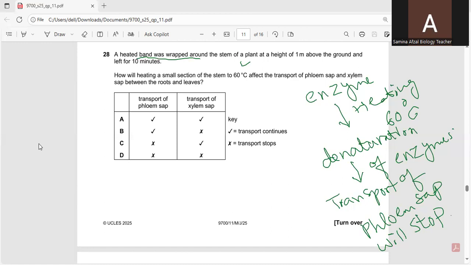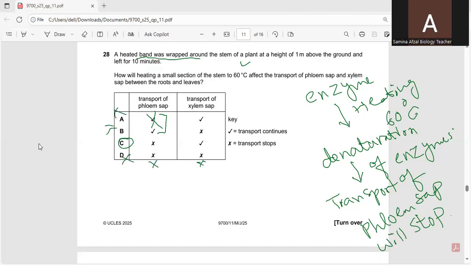This way, A and B are not the correct options. C and D can be correct, but in C, transport of xylem sap will take place. In D, they have both crosses over there, so this is not the correct option.